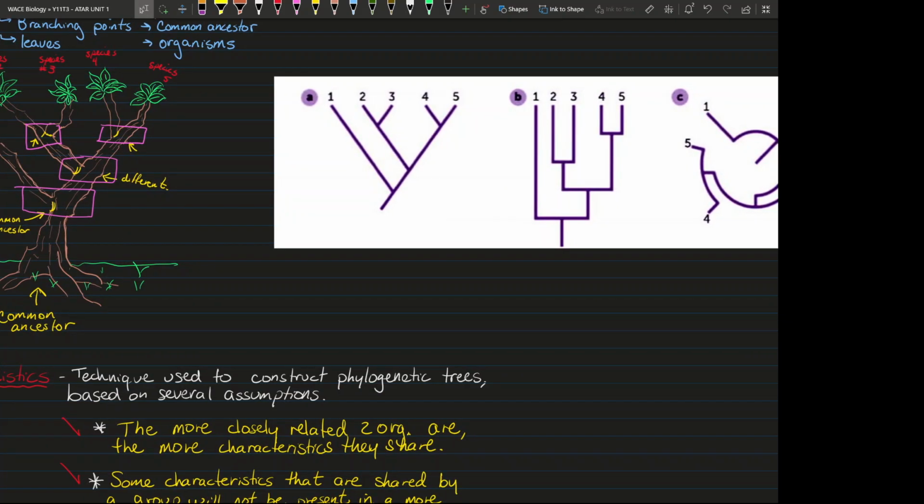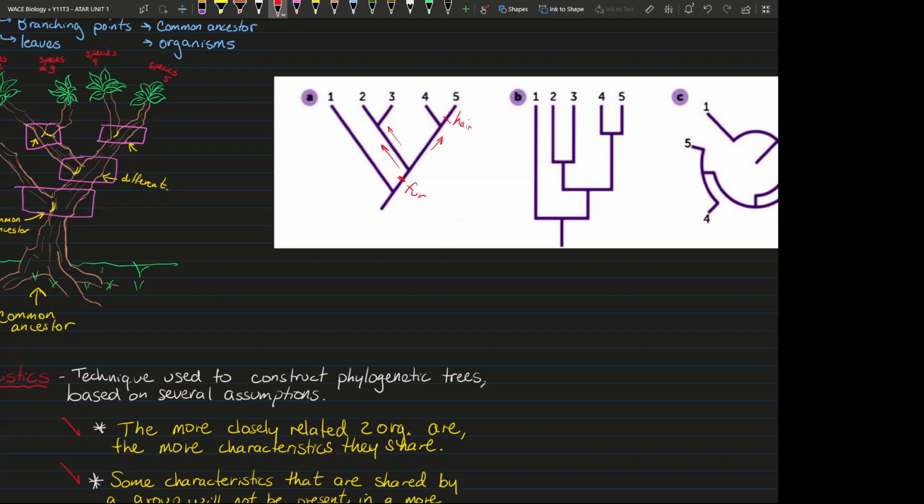Let's say you have a feature here, let's say fur, right? These organisms have fur here, but it is possible that as you go along, this fur can modify into hair or some other structure that enables these further organisms to thrive.